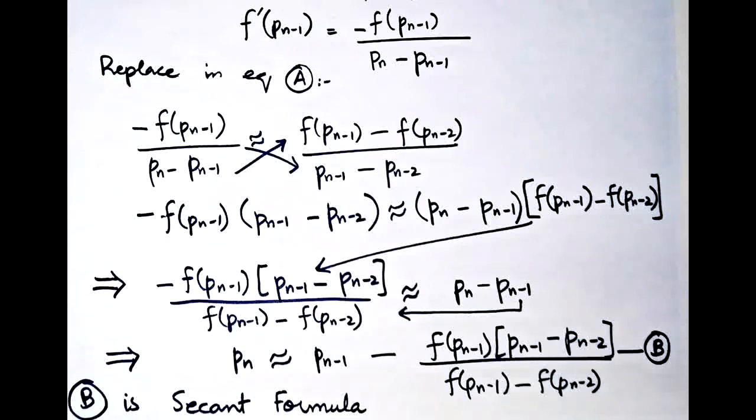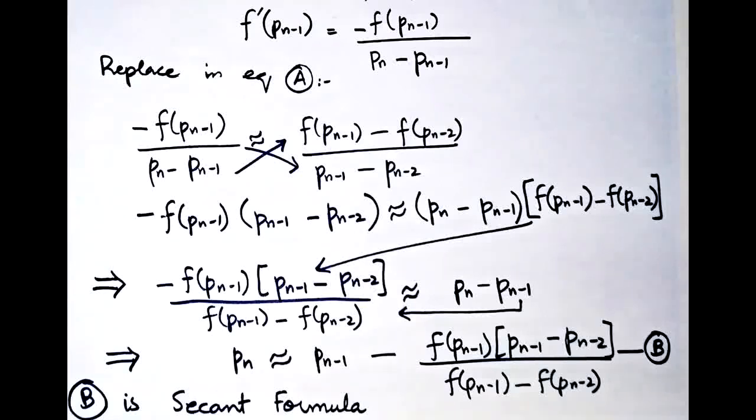Then the equation becomes Pn approximately equal to Pn-1 minus f(Pn-1) times Pn-1 minus Pn-2 divided by f(Pn-1) minus f(Pn-2). I name this equation B, and it is called the secant formula or secant method.